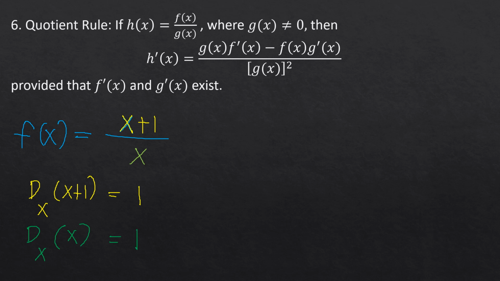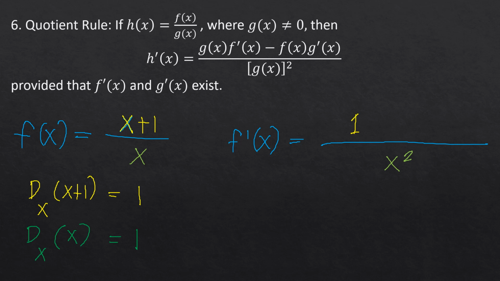So to get the derivative of the function f here, f prime of x is now equal to, first we need to square the denominator x, so we have x squared. Next, we first focus on the derivative of the numerator, which is 1. So isulat natin ang 1 dito. So we have 1.